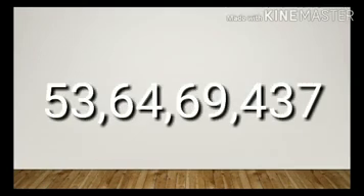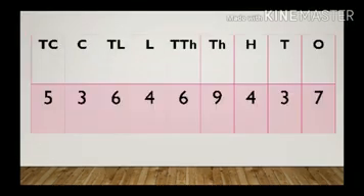Now you can see the example. How will you read this number? It is 53 crores, 64 lakhs, 69,430. We can make use of place value tables for writing the numbers for your convenience, as shown in the figure.